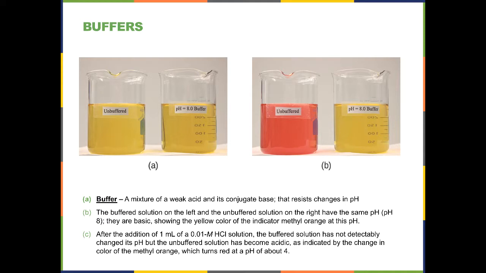And what you can see is that the unbuffered solution is exceedingly affected by the introduction of this very small amount of acid. On the other hand, the buffered solution does not change at all and stays at a pH of 8. The unbuffered solution changes to a pH, based on the color of the methyl orange, of about 4.